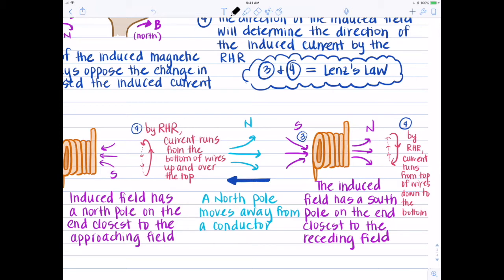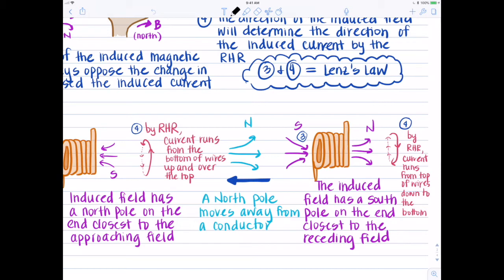So based on Lenz's law, the purple magnetic field that gets induced is going to oppose that change. It's going to want to stop that north pole from receding. Therefore, closest or on the left side of the coils will be a south pole, so that it would attract the receding north pole and try to keep it in its place.